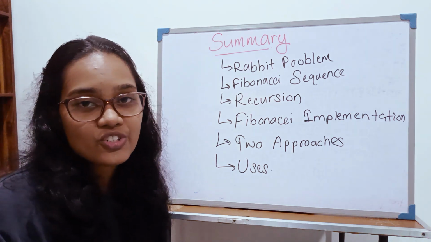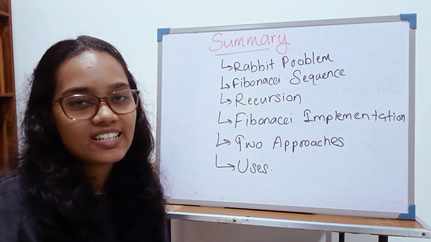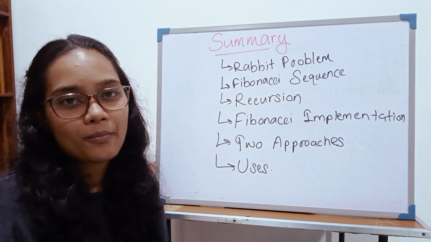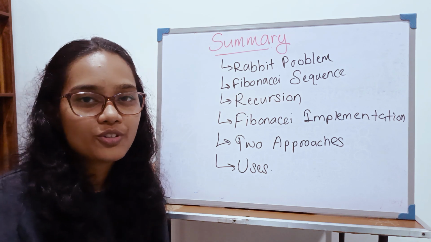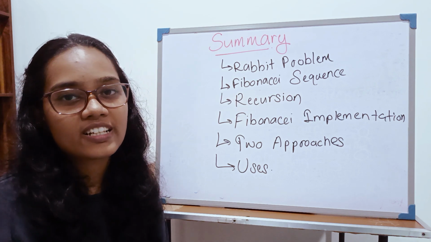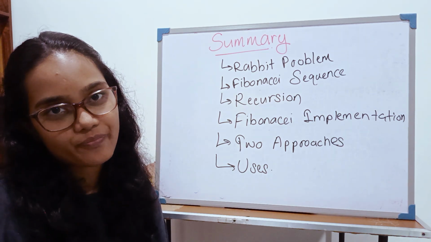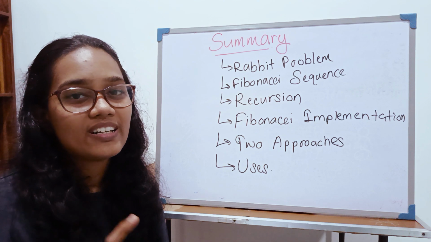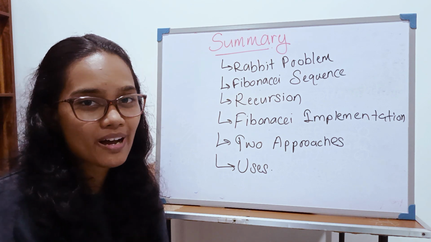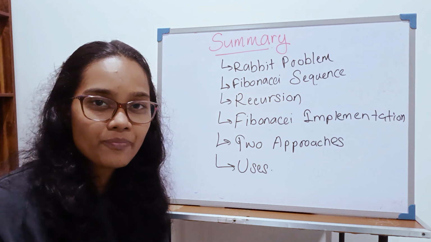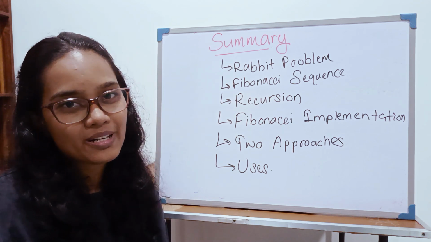So in conclusion, we can see that the Fibonacci sequence is not just a math matter, right? It's a beautiful concept which connects math, nature and computer science together. So next time you see a spiral in a flower or solve a coding problem, remember Fibonacci might be behind that.